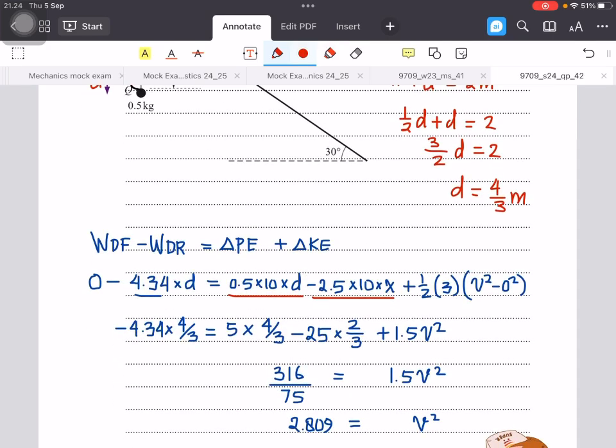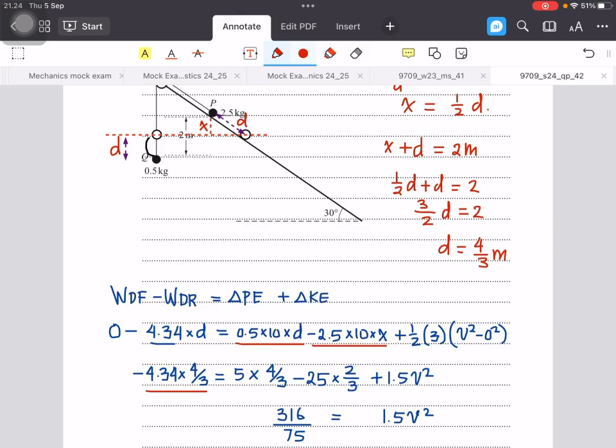And then, since we know the value of d is 4/3, this one we can write as negative 4.34 times 4/3. And then this one 5 times 4/3. This one is 25. And then x, the relation between x and d, x is equal to half d. So x here is 2/3, plus 1.5 v squared.